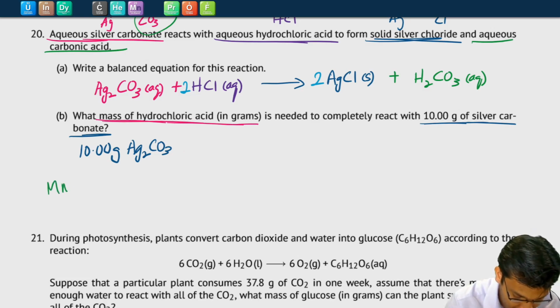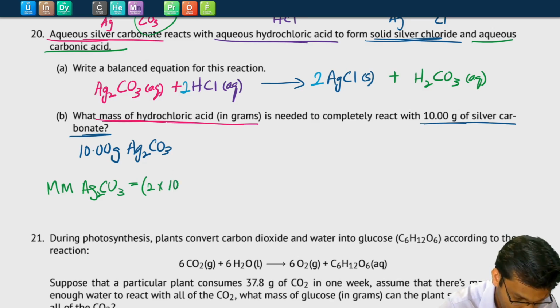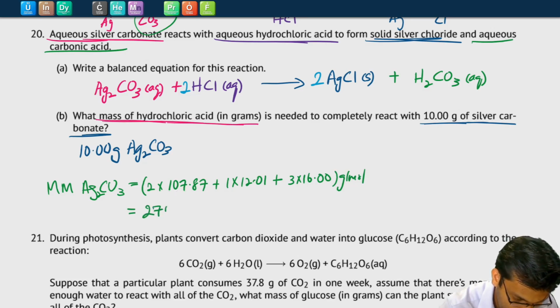So the molar mass of silver carbonate, Ag2CO3, is going to be 2 times the molar mass of silver, 107.87, plus 1 times the molar mass of carbon, 12.01, plus 3 times the mass of oxygen, which is 16.00, all in grams per mole, which gives us a molar mass of 275.75 grams per mole.